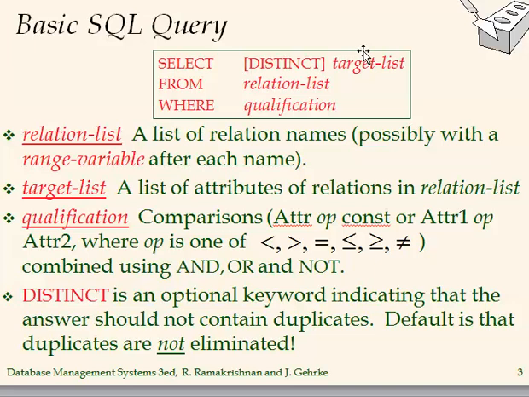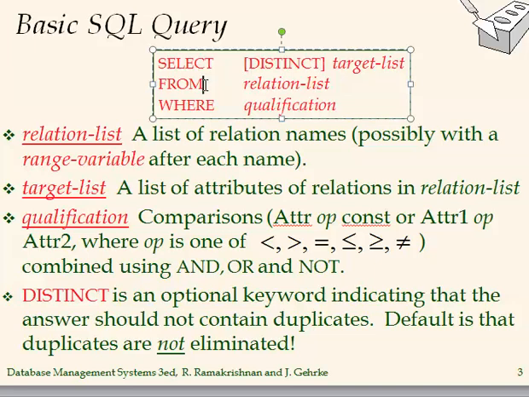This is something important about the very basics of an SQL query. We will need the select clause and the from clause at least to have a valid SQL query.